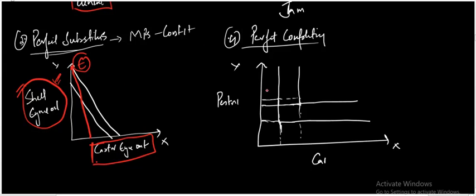Now, in case of complementary goods, the equilibrium point has to be where the petrol curve and the car curve make the 90-degree angle.